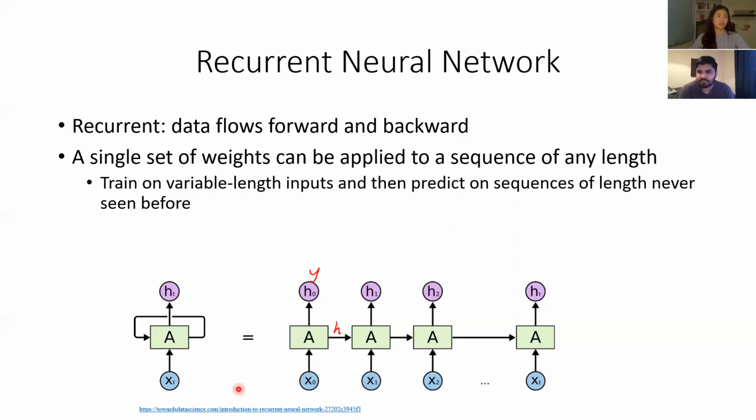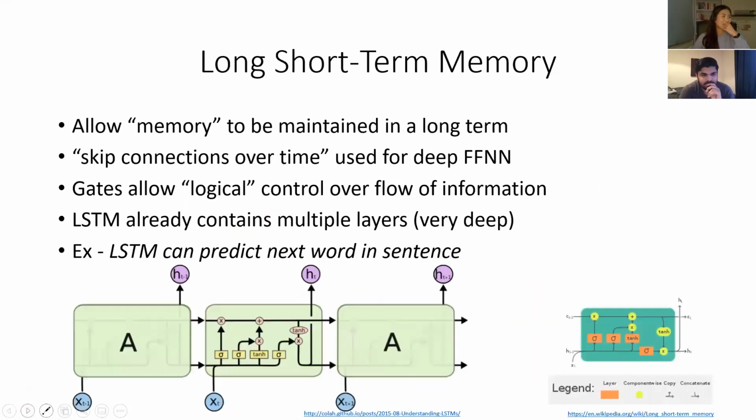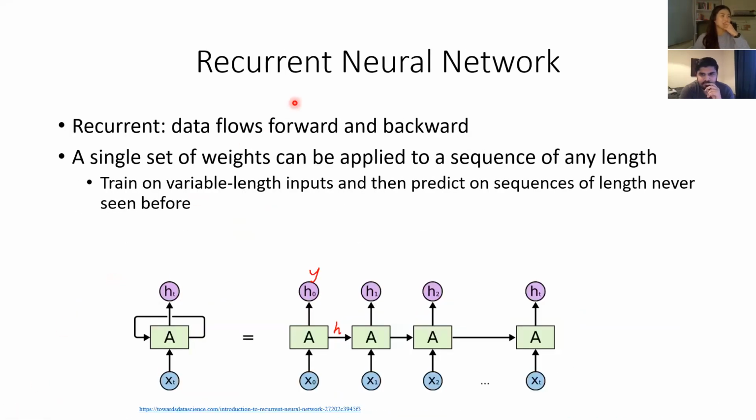Yeah, brilliant, that's perfect. You're right, it's really for sequence data. And there was an issue with this recurrent network.